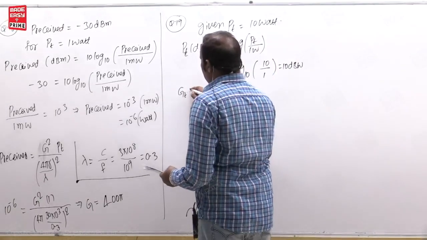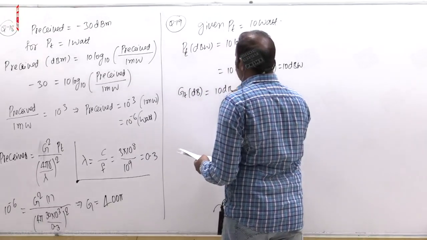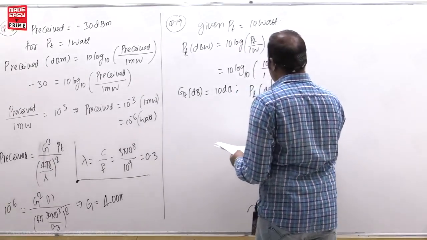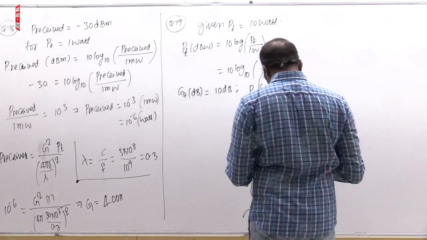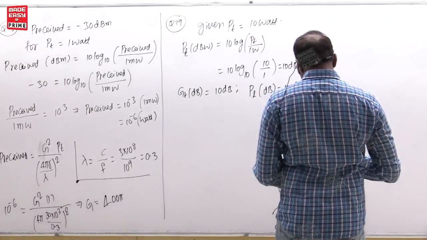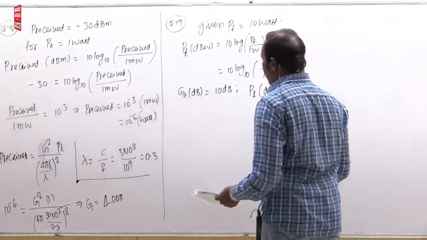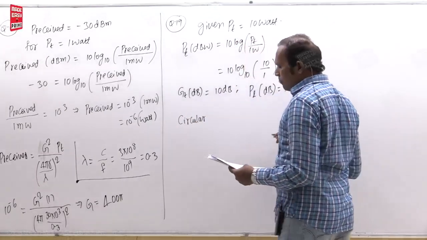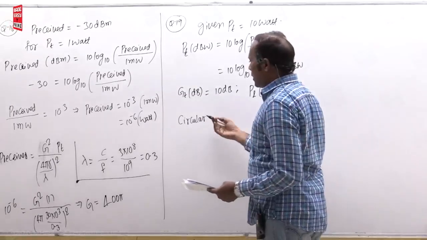Then the directive gain of the transmitting antenna is 10 dB is given. Then the path loss is given as 100 dB. Circular polarization is given, student. The incident EM wave is circularly polarized.